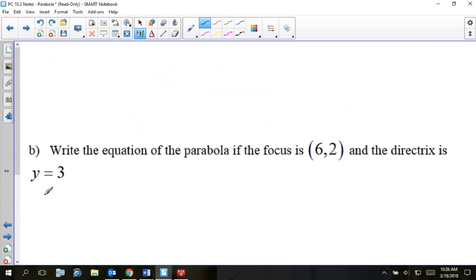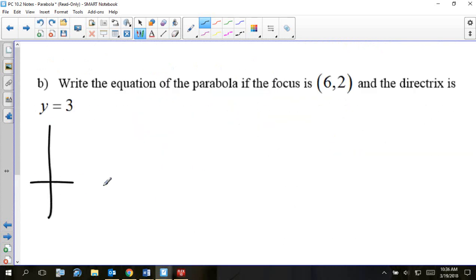Focus at 6, 2, and the directrix at y equals 3. If it's y equals, I go up to y equals 3 on the y-axis, and I draw a line where every single ordered pair y is 3.